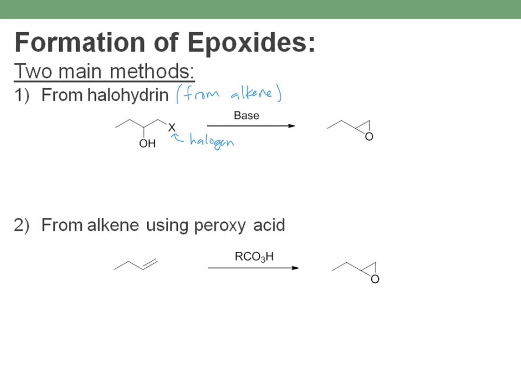The second method is that you can use any peroxyacid, and there are some that are more commonly used, like MCPBA, which we'll talk about in a second. But if you look at this, they're talking about an acid like a carboxylic acid. Normally a carboxylic acid would be C double bond O, OH. So that'd be your normal carboxylic acid.